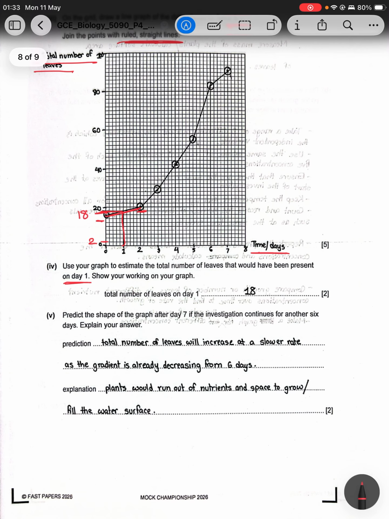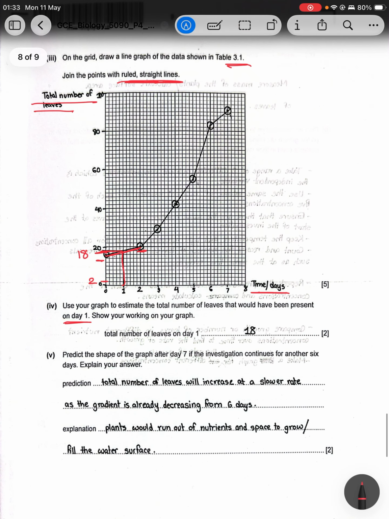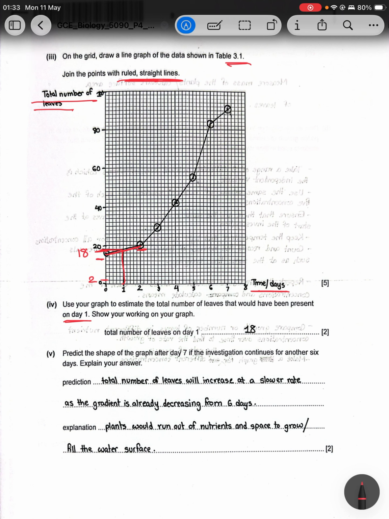Okay. So predict the shape of the graph after day 7 if the investigation continues for another 6 days, and explain your answer. The prediction is the total number of leaves will increase at a slower rate, and I added this line just for explanation, but this is enough. As the gradient is already decreasing from 6 days, this is a steep increase, right?